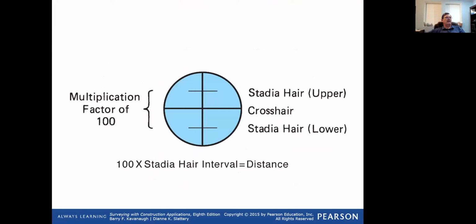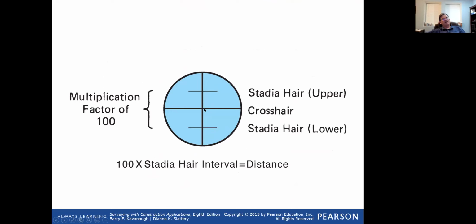When you look through a level gun, you see these marks. You see a bullseye. The bullseye is where you want to be level. This is the spot you want to read if you want to read level. But it has 2 different hairs on it, an upper and lower hair. The upper and lower hair are smaller marks, just the way this shows, and they're set to be at a multiplication factor of 100.